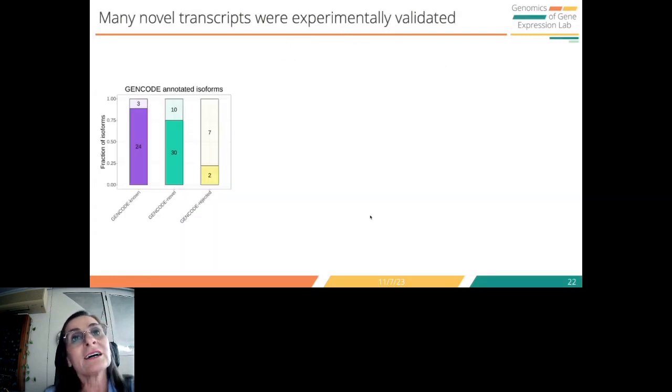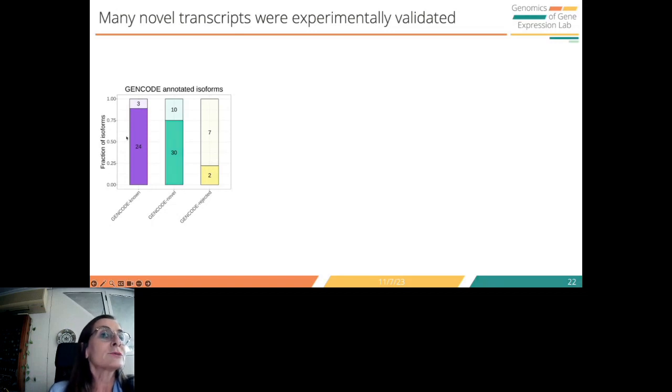So finally, we said, okay, let's try to validate experimentally some of these known and novel transcripts, especially. Can we amplify them? So what we did was to define specific primers for specific isoforms, and then try to amplify a variety of them, and then we sequenced them again, so we were able to find them back, right?